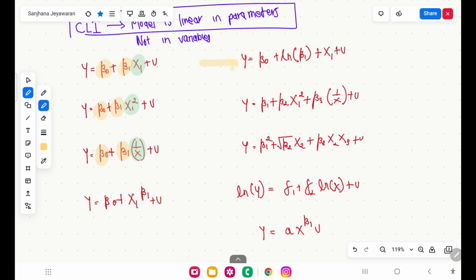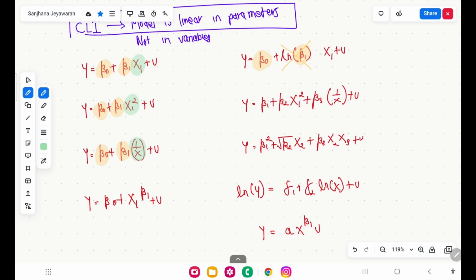If you look at this one, beta naught is linear in parameters. But how about beta 1? They have applied the ln function on that, so it is not linear in parameters.